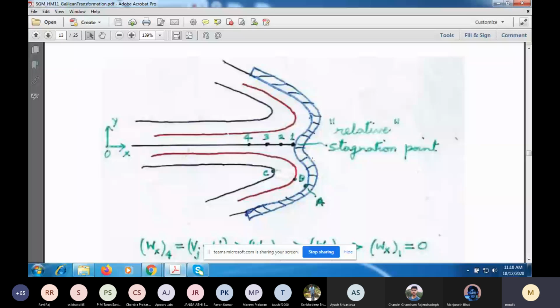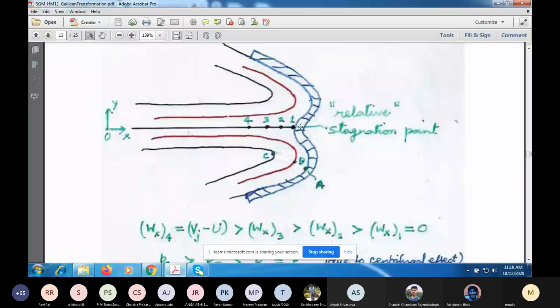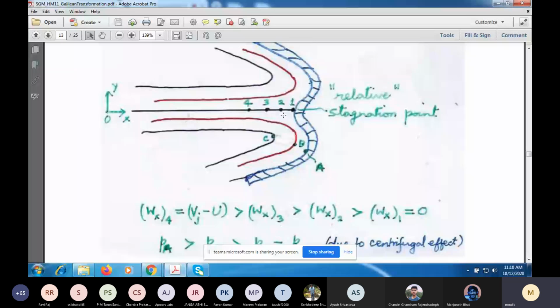However, you see this central relative streamline, which will come and hit the bucket at this point. So this will be a relative stagnation point. The pressure here will be higher than the pressure at points 2, 3, and 4. The relative velocity here is 0, and the relative velocity here is Vj minus u.